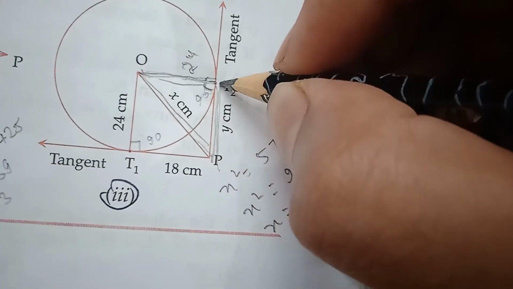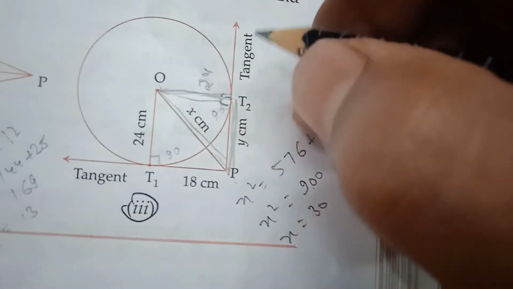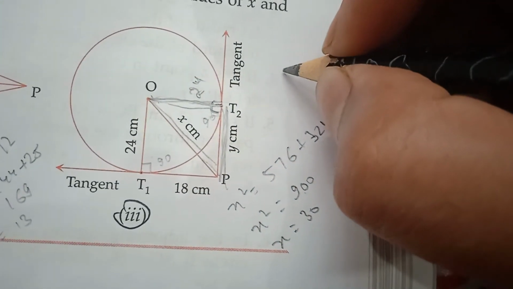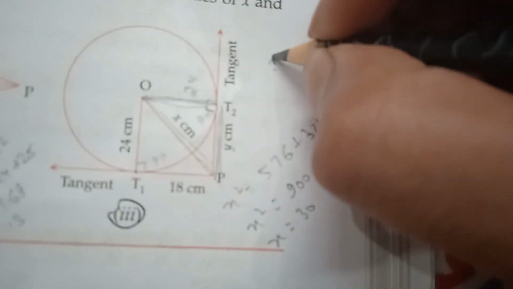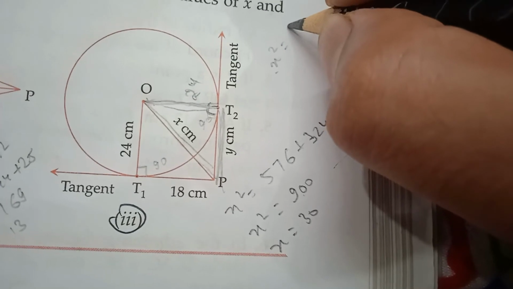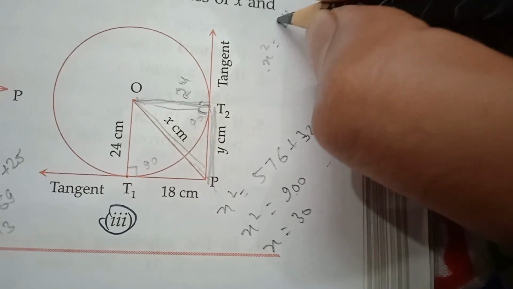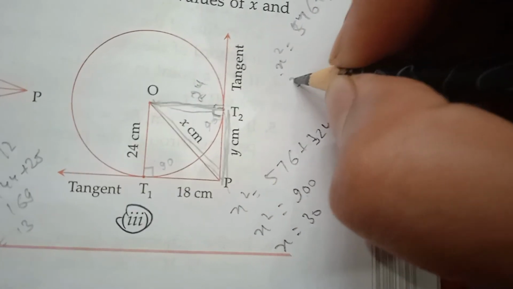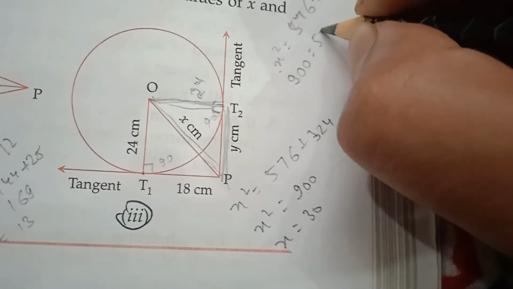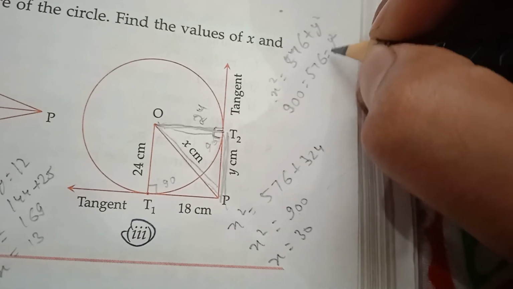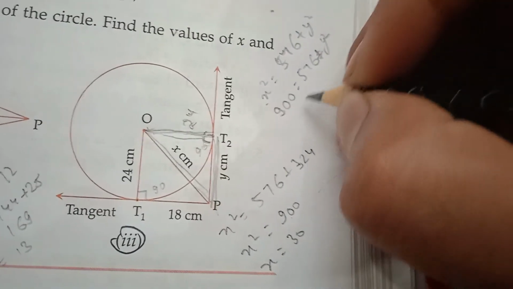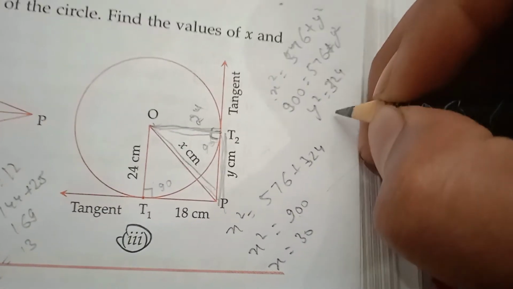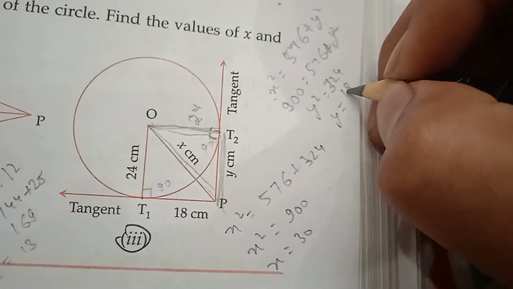And we have to find this y. So y would be, similarly, hypotenuse square equals base square plus height square. 900 equals 576 plus y square. 576 plus y square equals 900, means y square is equal to 324, means y is equal to 18.